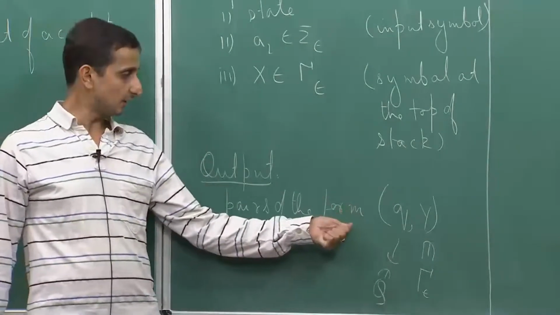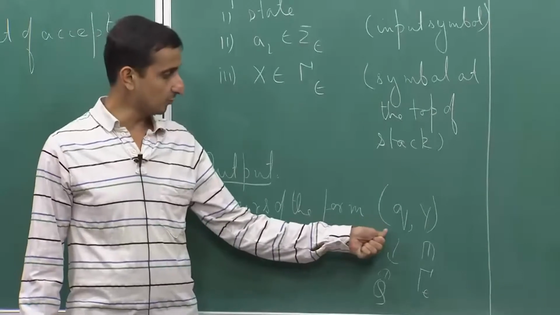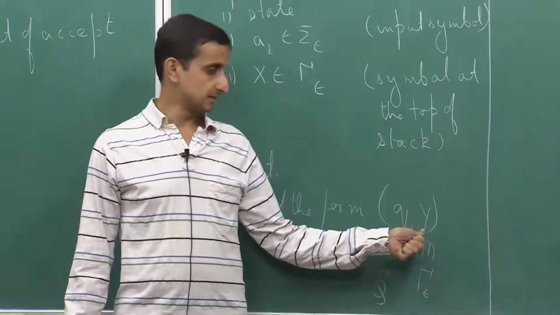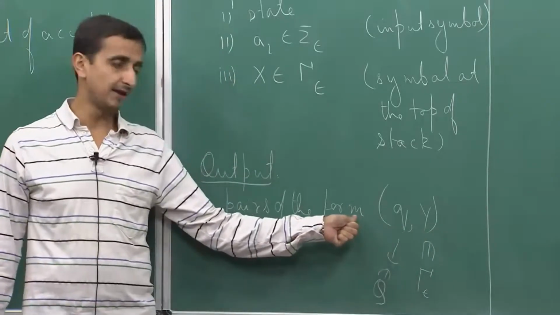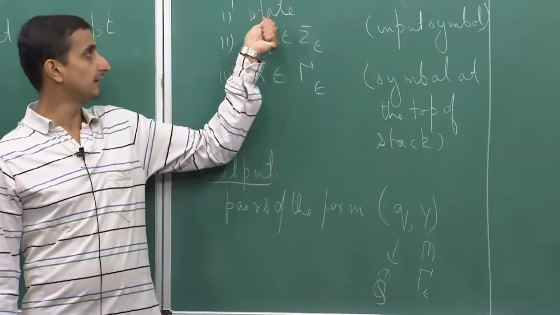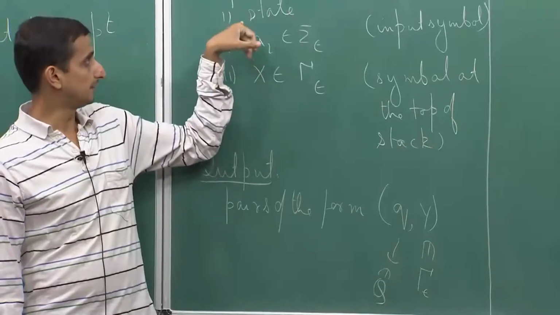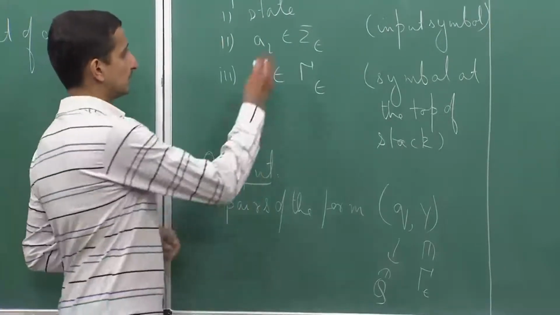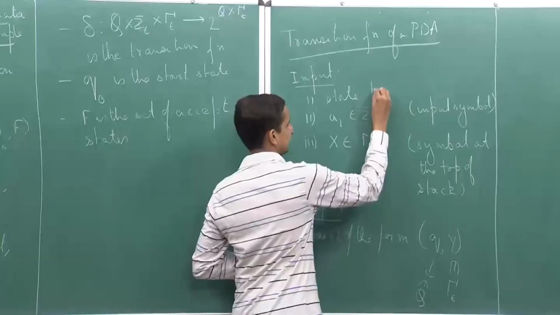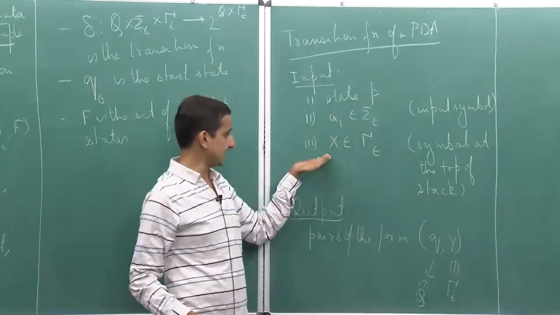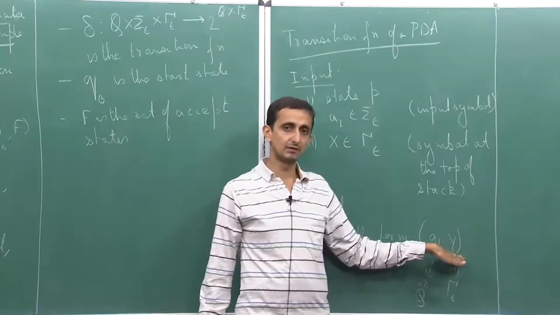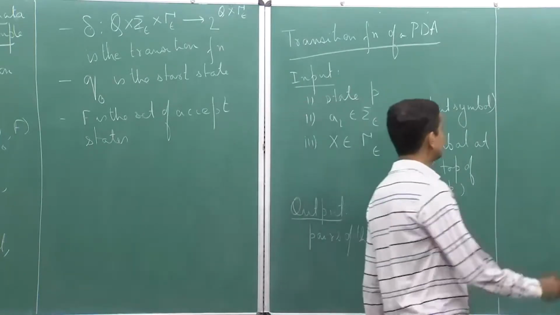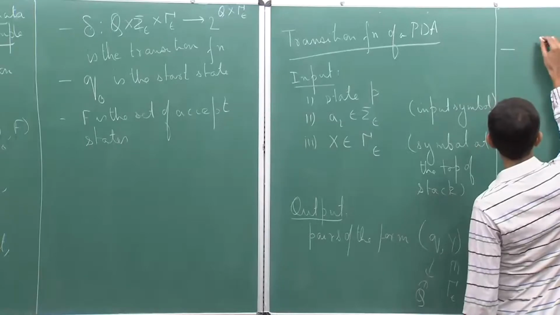It is not that it can output just one state comma stack symbol pair. Given, let us say, P, ai and X, it can actually output multiple q comma y. This is because of the non-determinism.